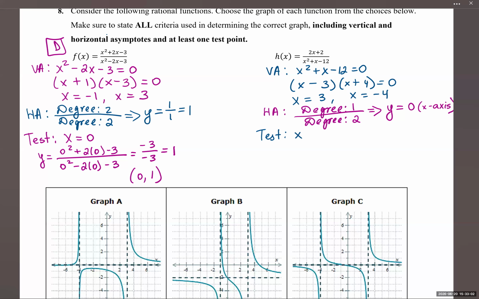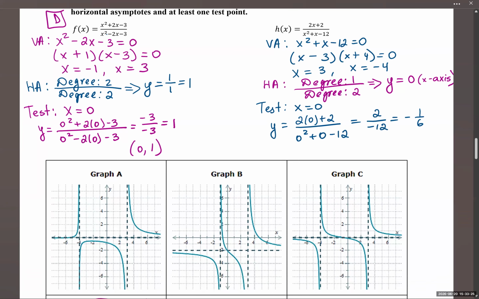I will start at x equals 0, so it's the easiest one. So y equals 2 times 0 plus 2, divided by 0 squared plus 0 minus 12. So that's 2 over negative 12, which is negative 1 over 6. So really, really close to 0, but it has to be slightly in the negative position.